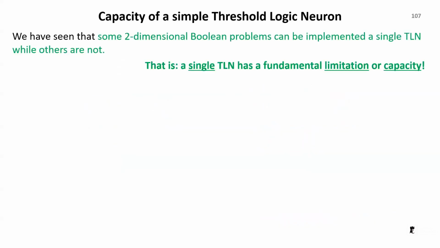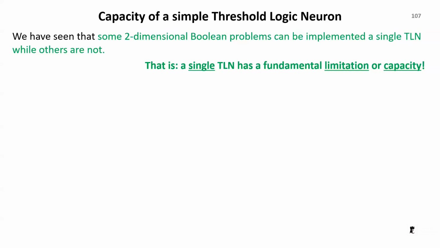Now we're going to discuss the issue of why a single neuron cannot be used to do any classification that we want. The problem is a single neuron has a capacity.